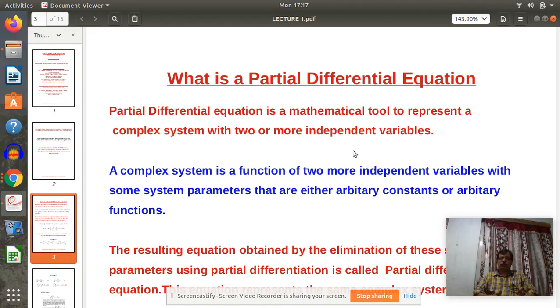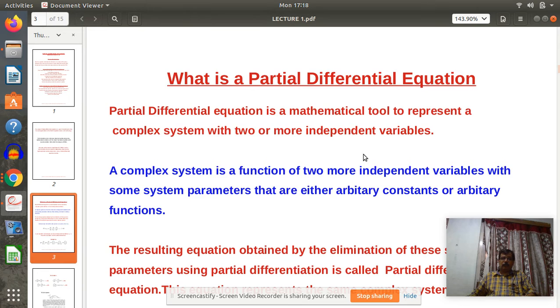Here we have a system with two or more independent variables. And a complex system means a function of two or more independent variables with some system parameters which are either constants or arbitrary functions. Okay.